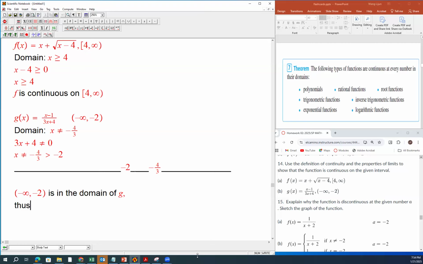Then you say thus G is continuous in the given interval. So that's how you say it. Okay.